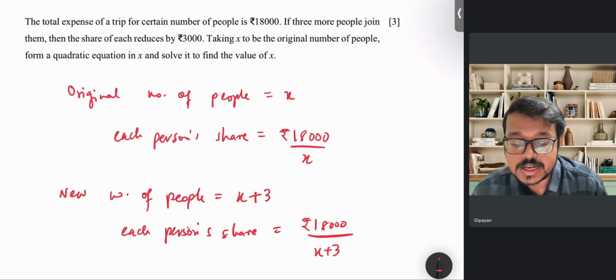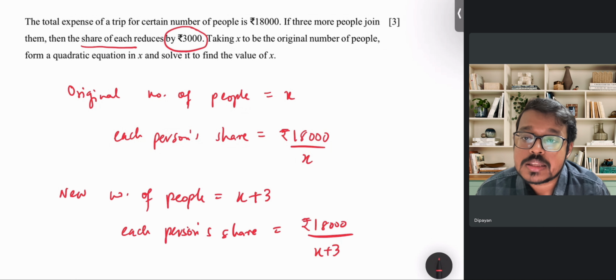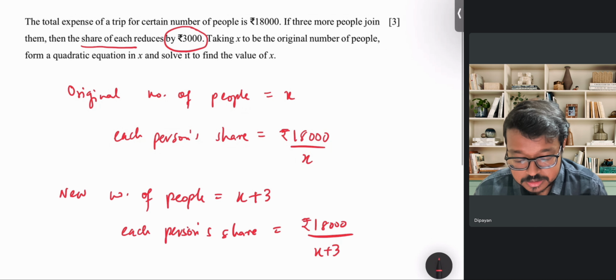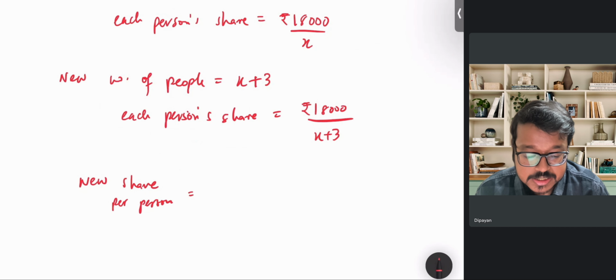And it is given that now in the new situation, the share of each reduces by 3,000 rupees. So I can say that the new share per person equals 3,000 less than the original share per person.